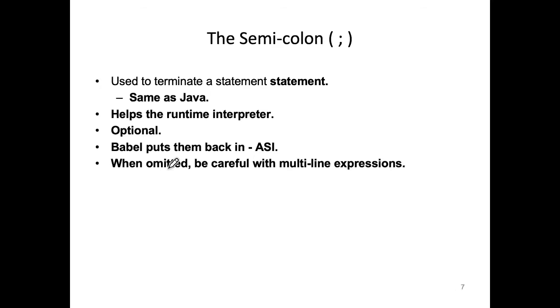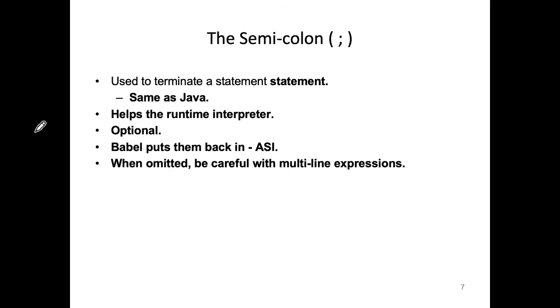But we no longer really need to include the semicolon in our code. It's now optional. Although the Babel tool that I mentioned, which takes our modern JavaScript and converts it back to ES5, actually reinserts the semicolon back into the code for us.